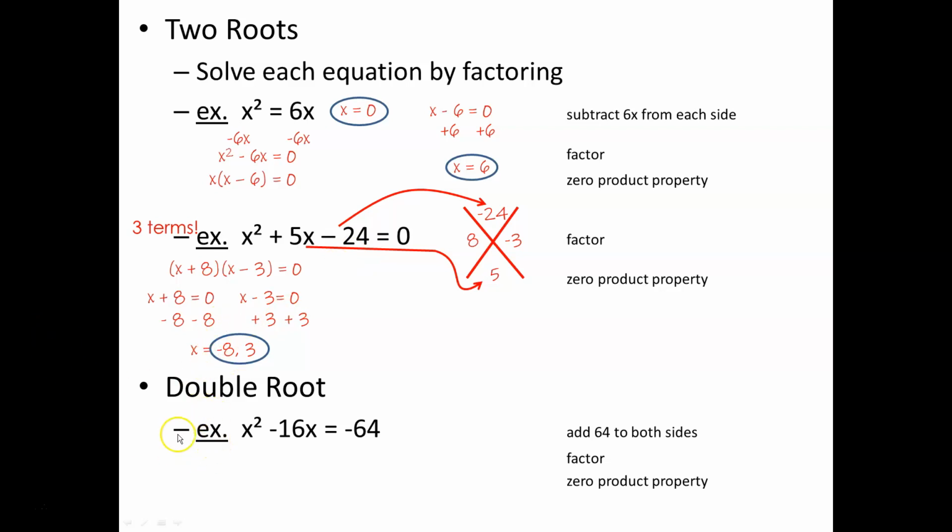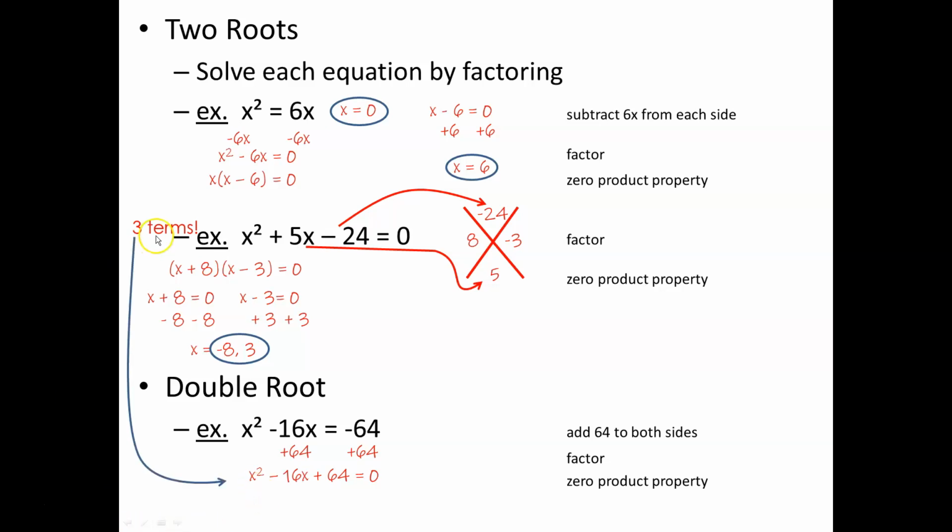All right, let's look at this last example we've got here. We have to add 64 to both sides because we have to make that a 0. And the only way to get rid of a negative 64 is to add 64 to both sides. So we end up with x squared minus 16x plus 64 equals 0. How are we going to factor that?